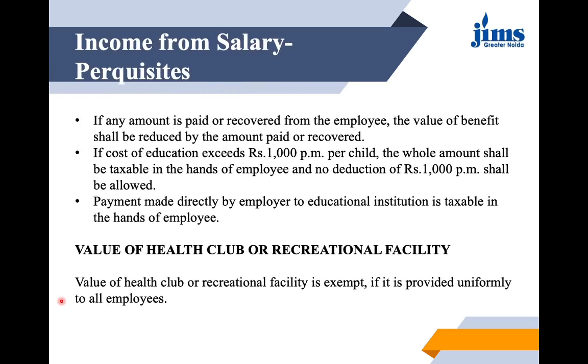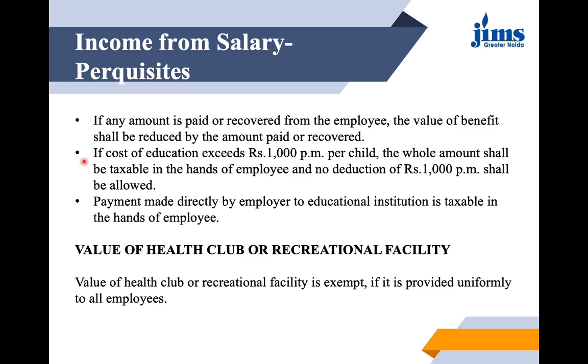Here we need to keep in mind that if any amount is paid or recovered from the employee, the value of the benefit shall be reduced by the amount paid or recovered. If the cost of education exceeds rupees 1,000 per month per child, then the whole of the amount shall be taxable in the hands of the employee, and no deduction of rupees 1,000 per month shall be allowed. And the payment which is made directly by the employer to the educational institution is taxable in the hands of the employee.